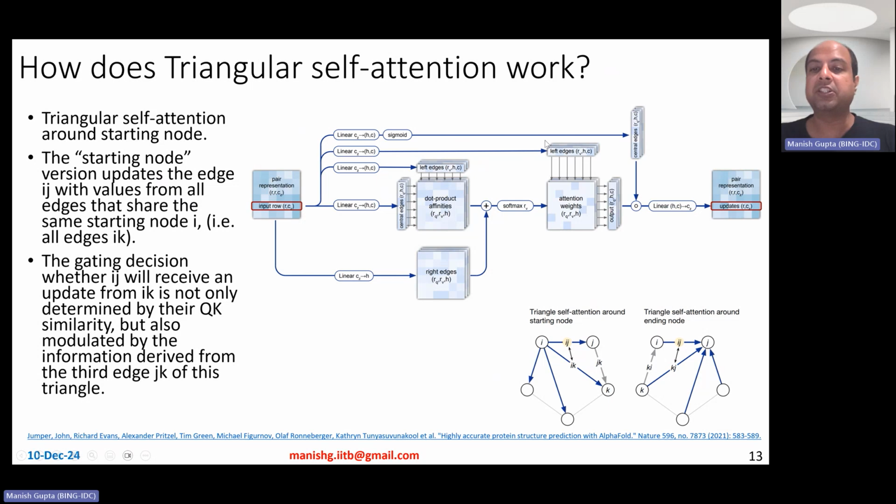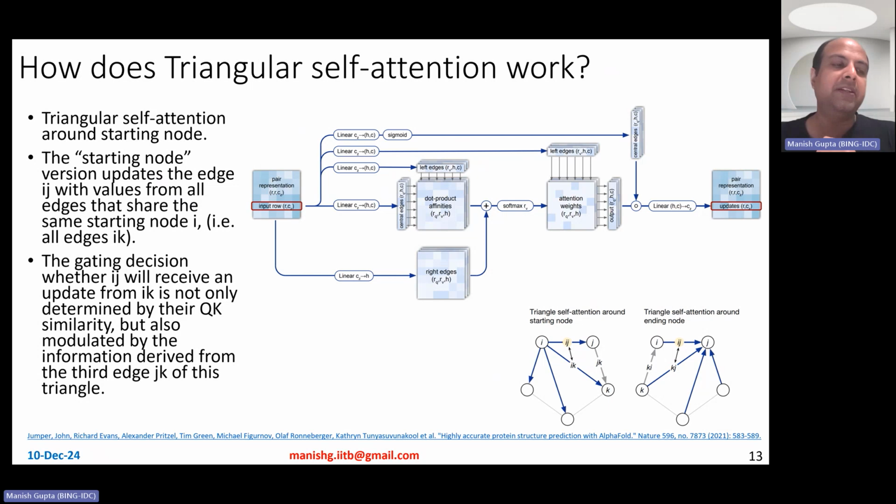Once you have the final attention weights, you have the gating function, which is controlled by the central edges. You take this gating, and you finally get the update to the pair representation. So this update keeps in mind how you can update the features of an edge based on other edges which also start from the same node.